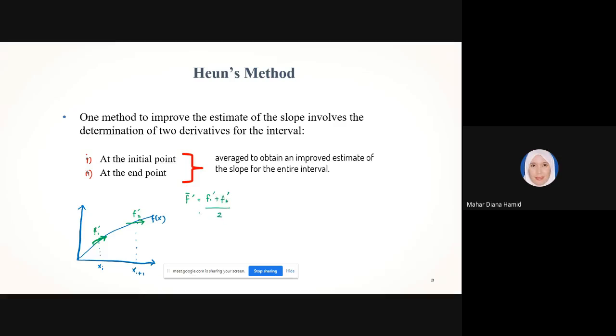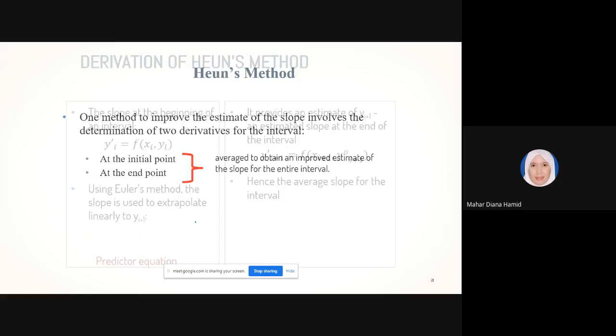After we obtain that average slope, we are going to use that to estimate the value of y i plus 1. I'm going to show you in detail, because this is only a rough idea of how we are going to use Heun's method.